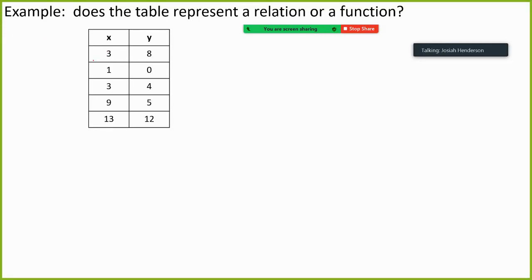So let's look at our inputs. 3 goes to 8, 1 goes to 0, and then 3 goes to 4. Uh-oh. 3 shows up twice, and it goes to different numbers. 3 goes to 8, and 3 goes to 4.